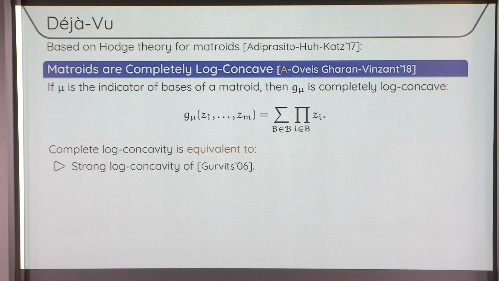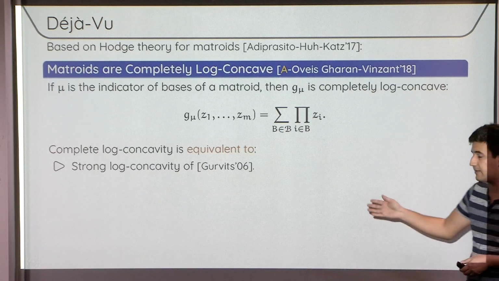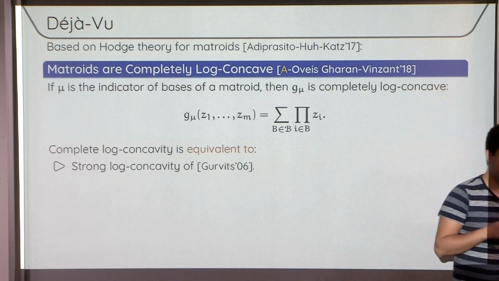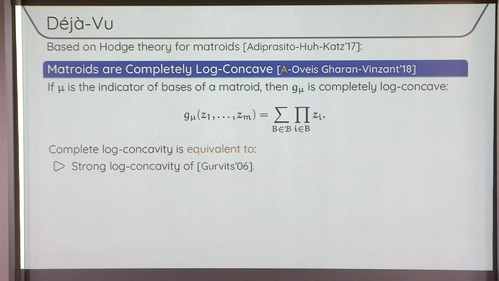Before going to this different proof, let me say that we have found that this definition is equivalent to a lot of other definitions that different groups have found. Strong log-concavity is the thing that Gurvits used to derive inequalities on the coefficients of polynomials. It is the simpler version where you replace directional derivatives by partial derivatives.